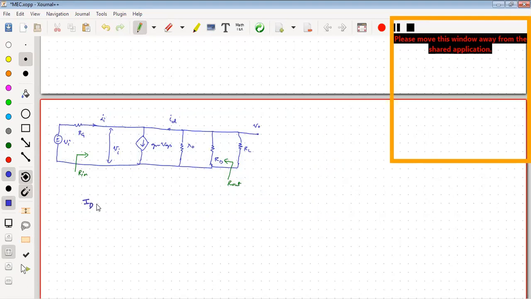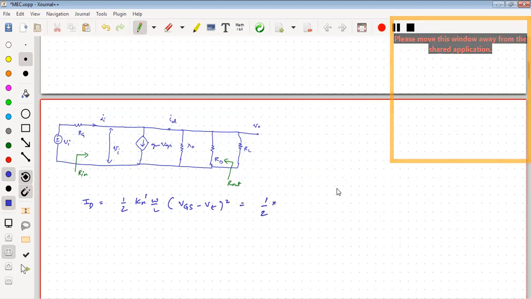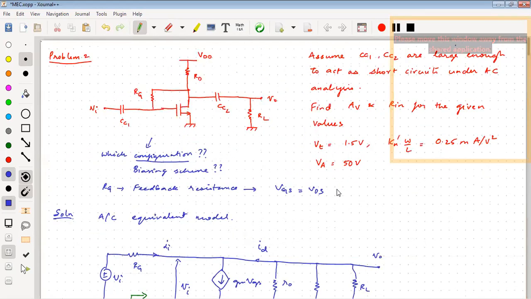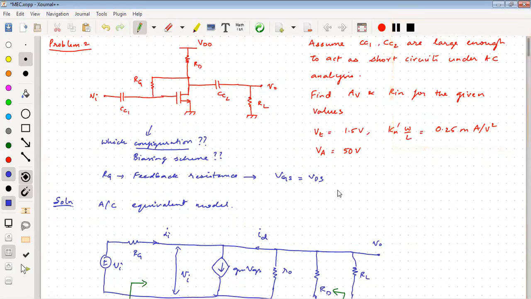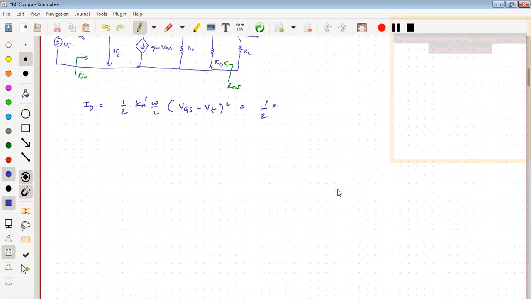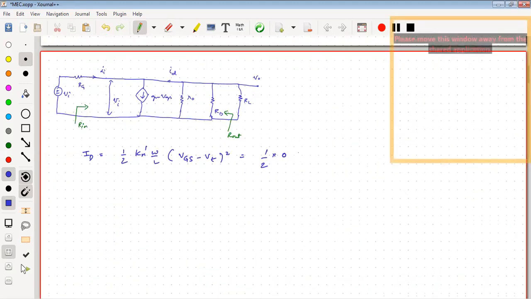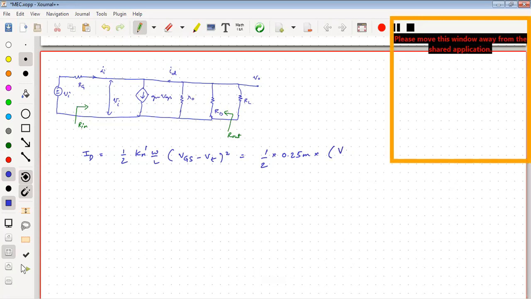ID equals half Kn' W by L into VGS minus VT whole square. Kn' W by L is 0.25 milli, VT is 1.5. So ID equals half into 0.25 milli into VGS, which I have to find out, minus 1.5 volts whole square. I will call this equation 1.